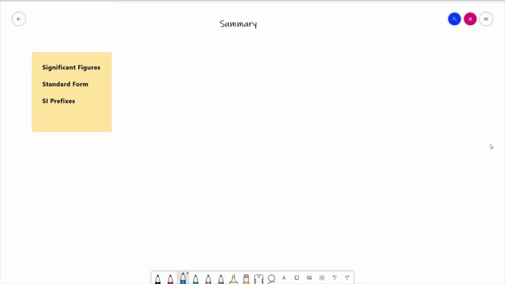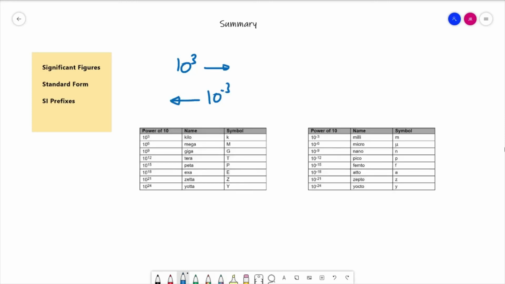With standard form, remember, if it's 10 to the 3 or above, then we're going to use standard form, or of course if it is below 10 to the minus 3, we will use standard form as well. And then finally we looked at the SI prefixes and what they are and how to use them. Obviously, just as I said, be careful to make sure that 1 or above is absolutely fine, and we can go up to but not including 1,000 when we're using our SI prefixes.